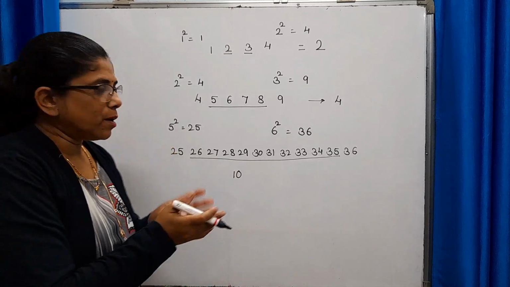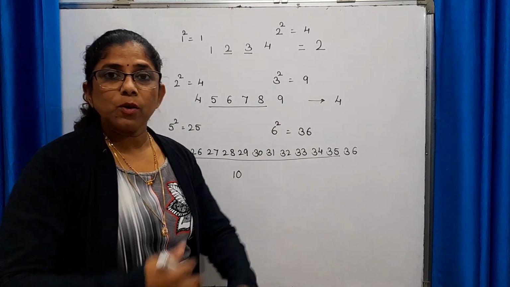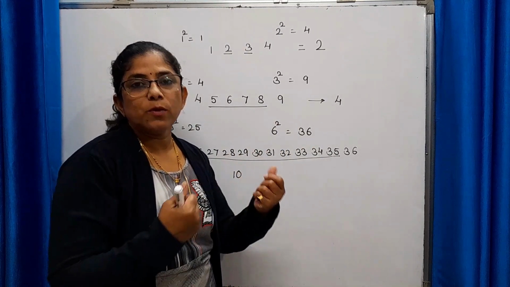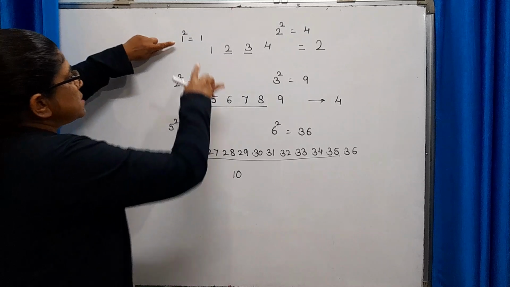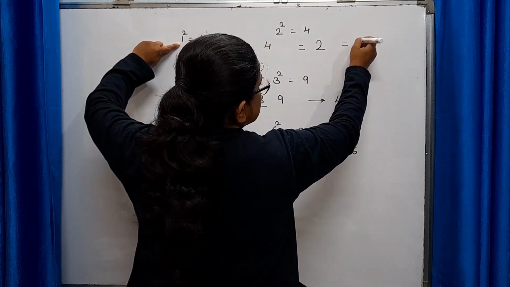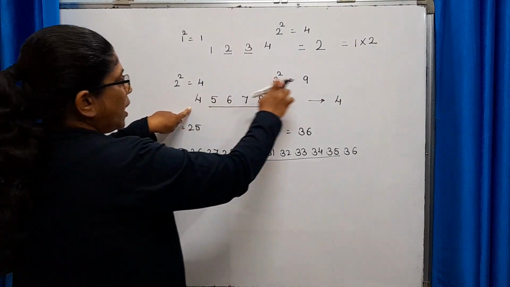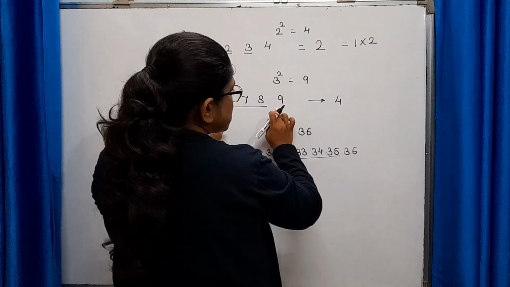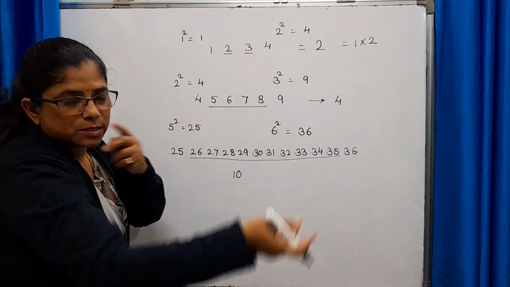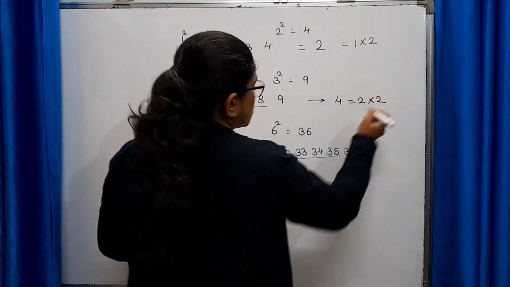So let us compare how many numbers there are between two perfect squares of consecutive numbers. Here, between 1 and 2, we get 2, which is 1 into 2. Between 2 square and 3 square, the count of numbers is 4, which is 2 into 2.